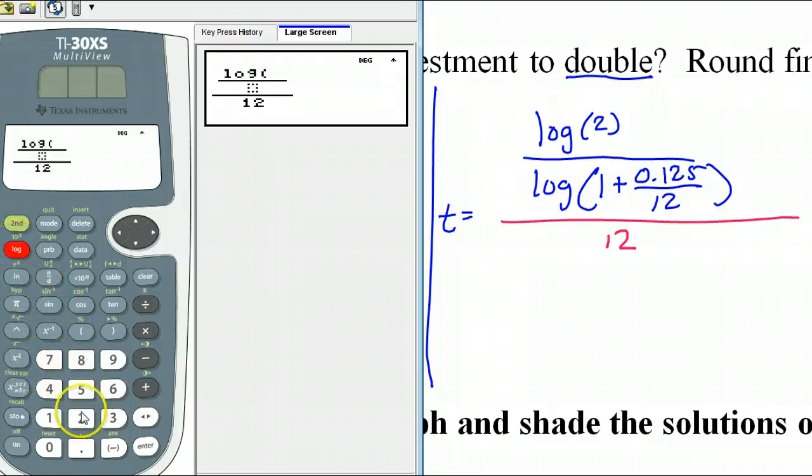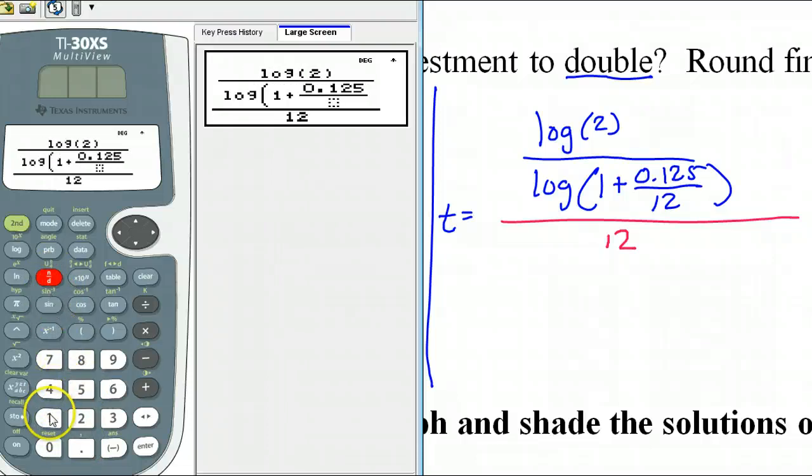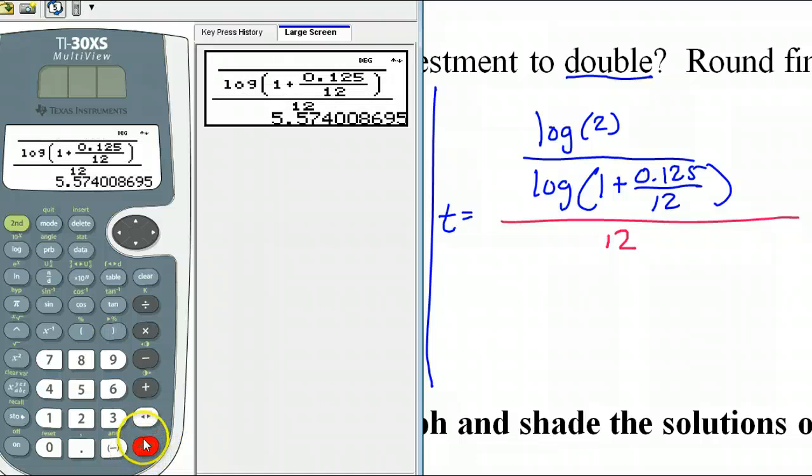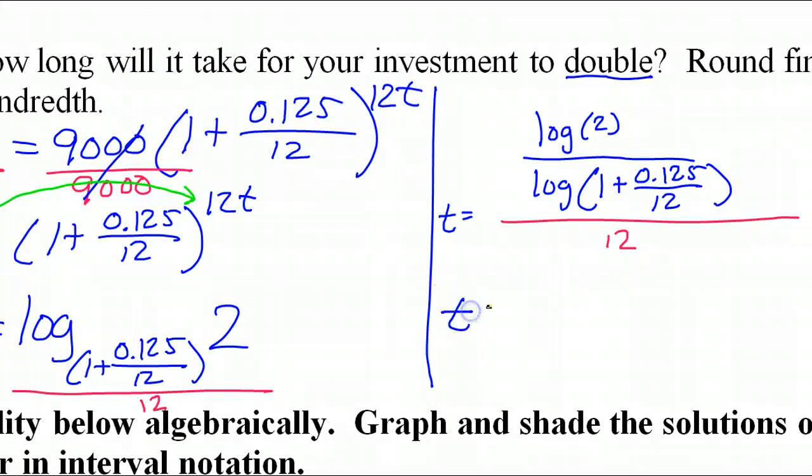So this is where I put my log 2, and my log 1 plus 0.125 over 12. Okay, that is it. This is what is on my screen right here. Kabam! 5.57 years. Okay, that's how long it will take to double.